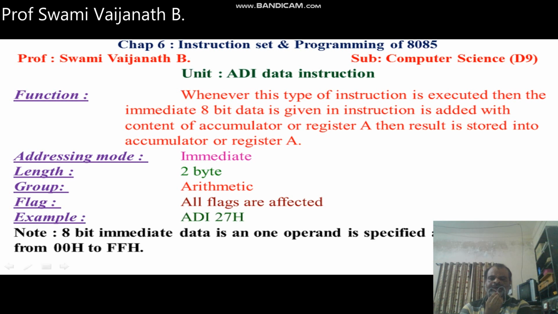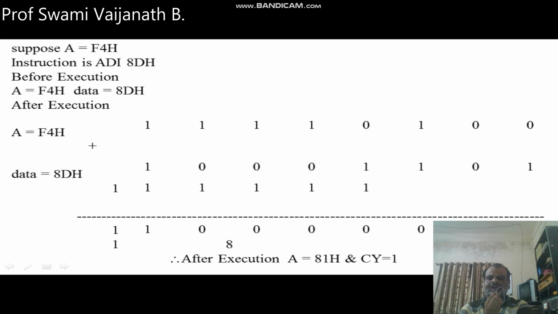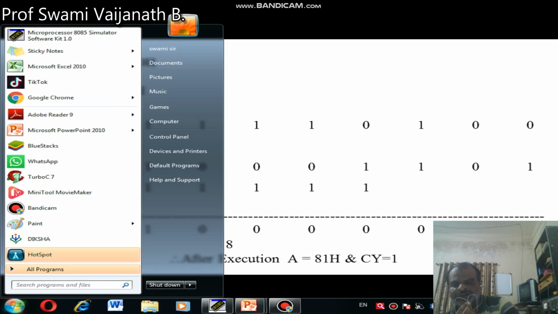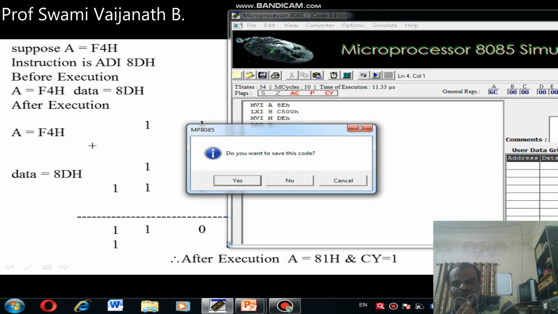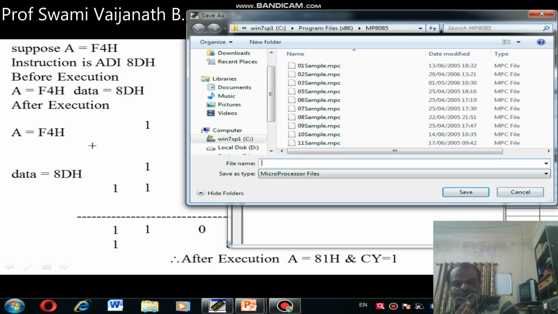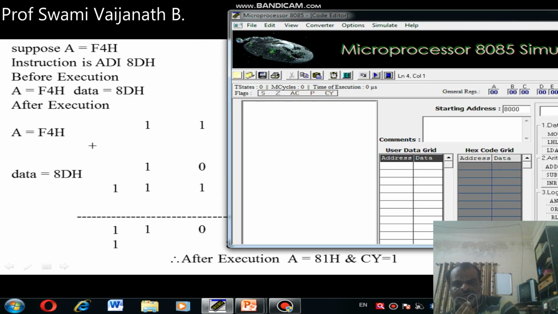We see an example like this. ADI 27H could be mentioned here, but in the example I give A as F4H and data ADH. Then practically I execute here. A is equal to F4H I take here.